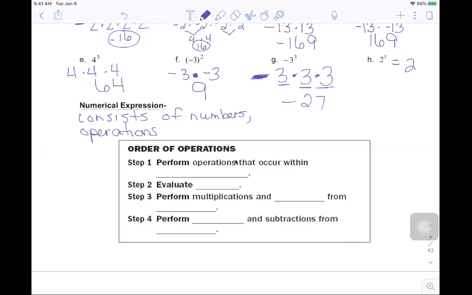An operation in math is an addition sign, a subtraction sign, a multiplication sign, a division sign. Those are operations. And then grouping symbols. Grouping symbols are parentheses. We may also have exponents. So an expression really is like a list of numbers that are being added or subtracted or multiplied together.